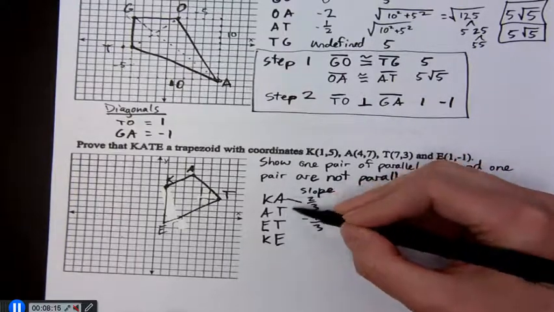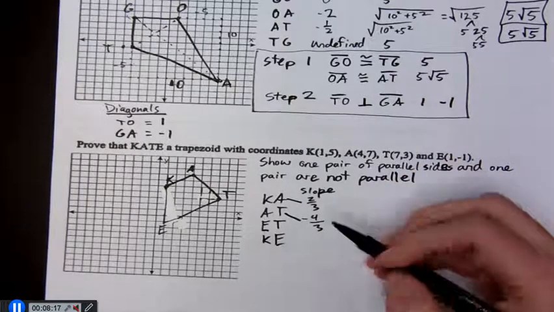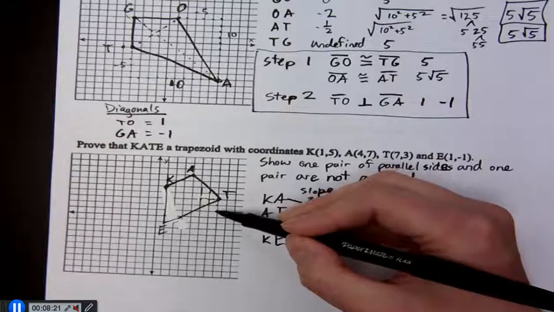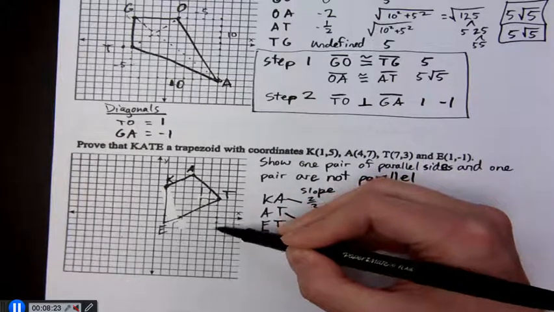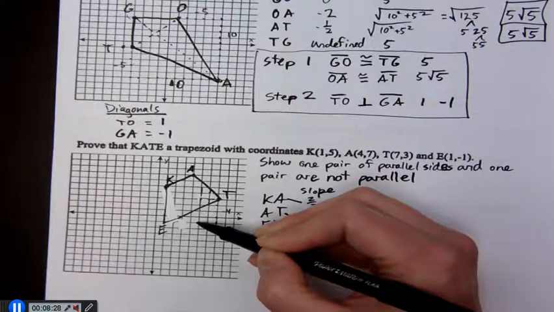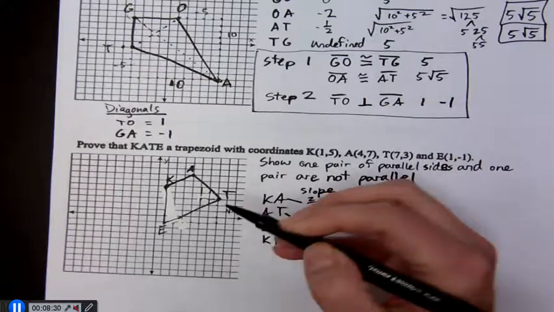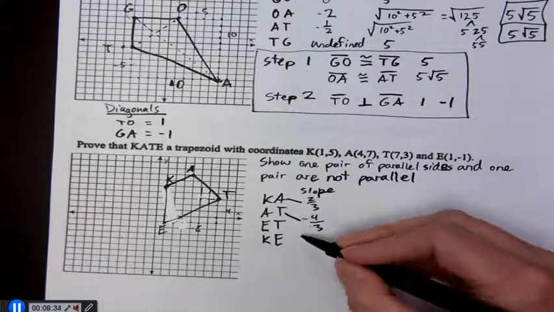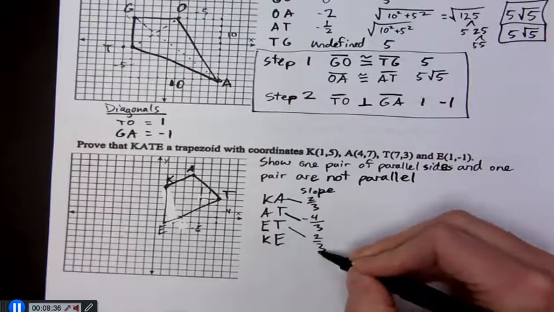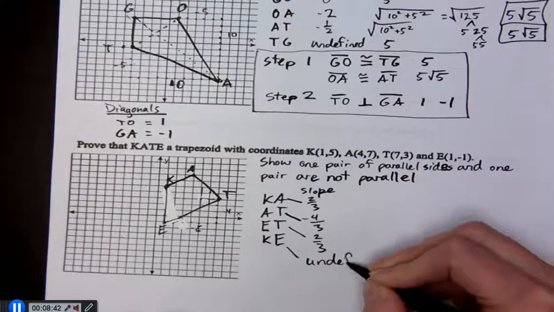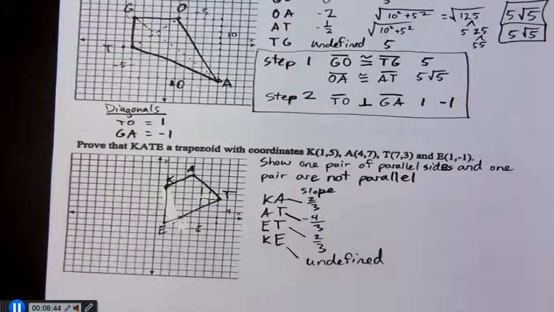I'm sorry. Okay, ET is what? 2 over 3. Yeah, so ET is 2/3 again. And KE? Undefined, or 0.